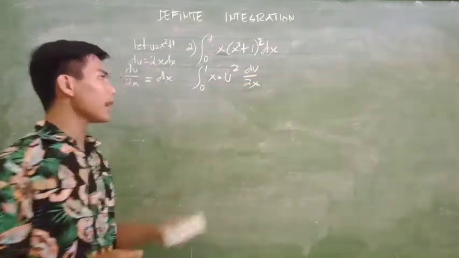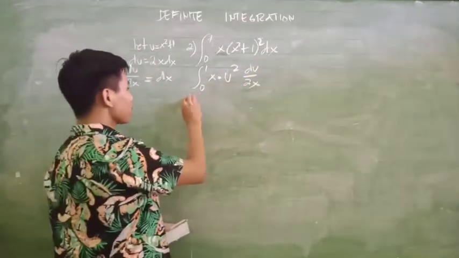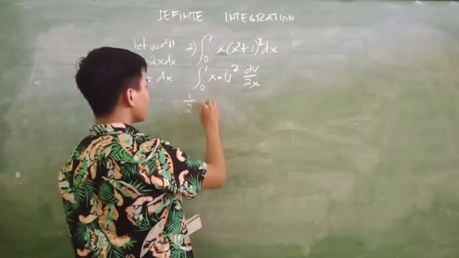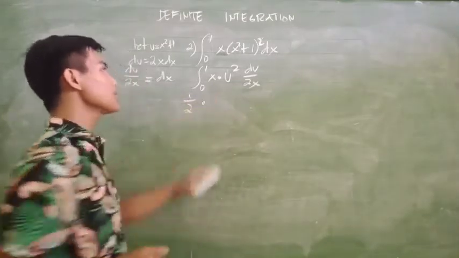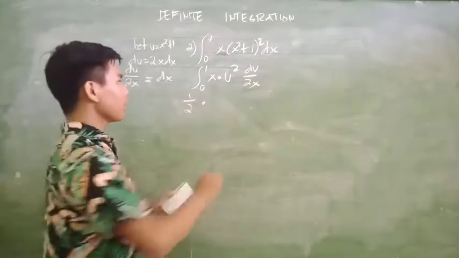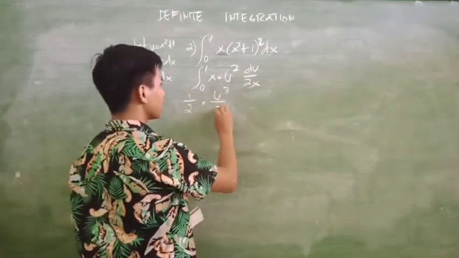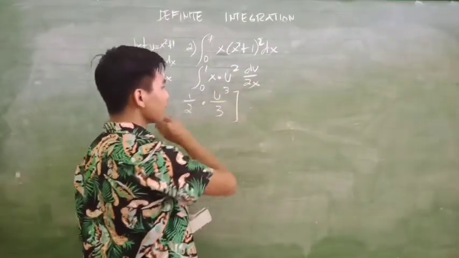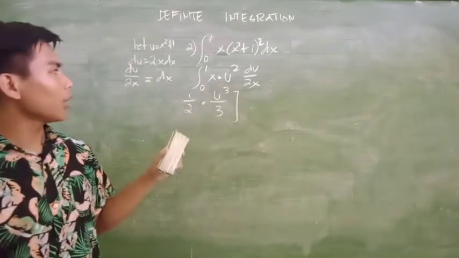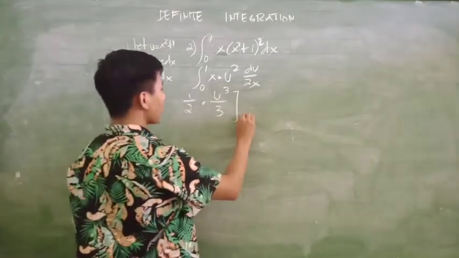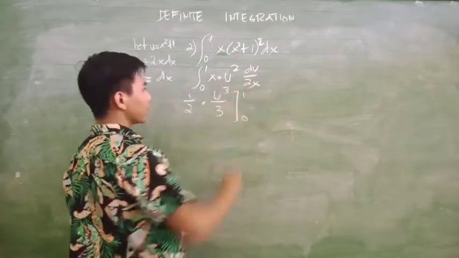And then simplify x and 2x, that would be 1 half. So move it to the front, 1 half times, we can integrate our u squared, that would be u raised to 3 over 3, times the bracket, and our lower and upper interval, which is 0 and 1.